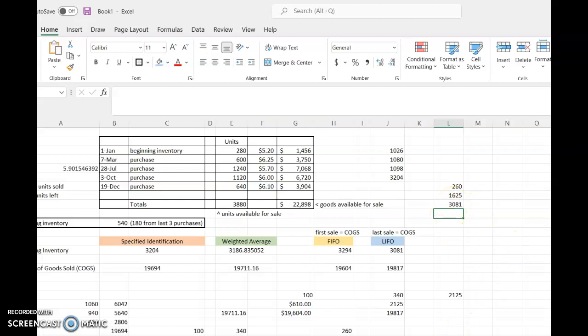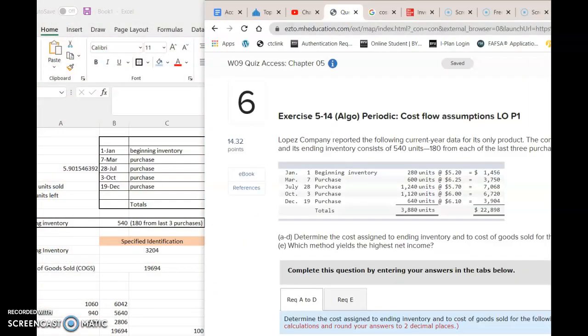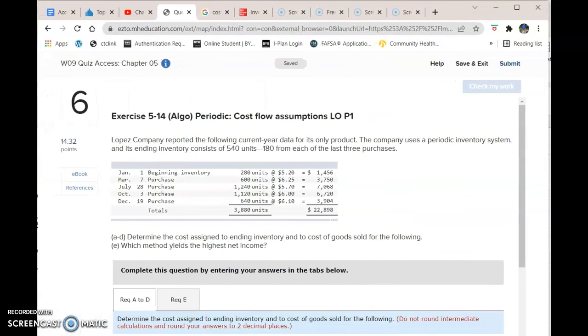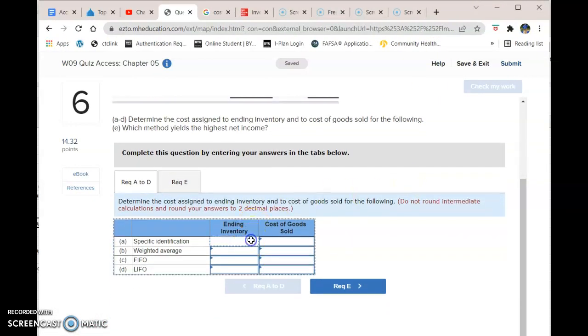So now I'm going to go ahead and open up this question here. Let's get it centered. We're going to enter all of this in from the numbers that we had in Excel. Just going to do that really quick.